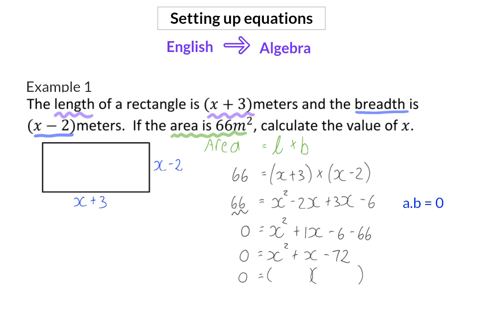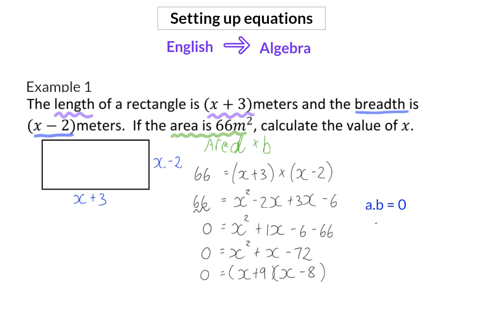Factorizing this will form the brackets x plus 9 multiplied by x minus 8. And now we know that either the x plus 9 can be equal to 0 or the x minus 8 can be equal to 0, which means that x is equal to minus 9 or to 8.